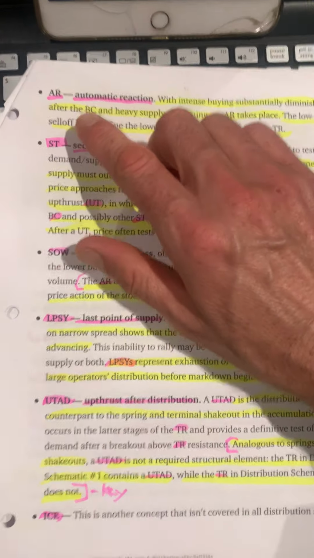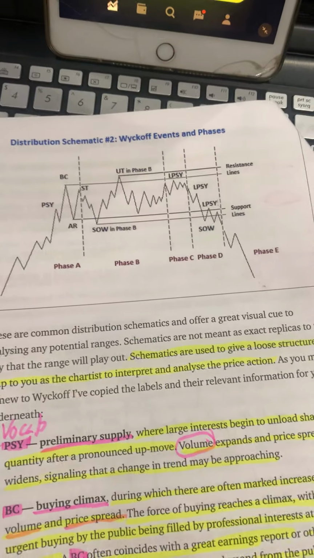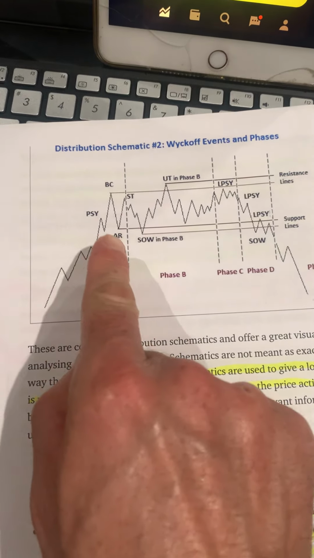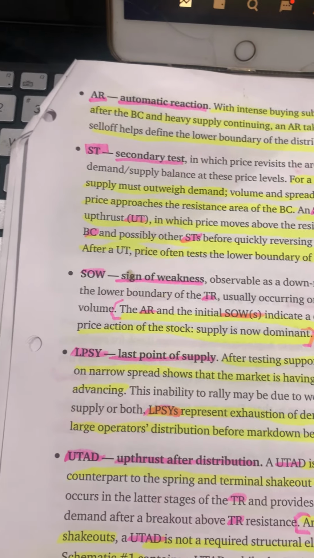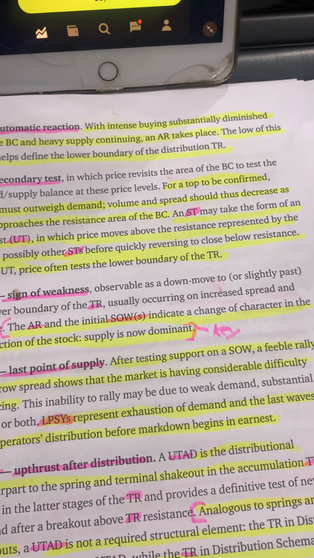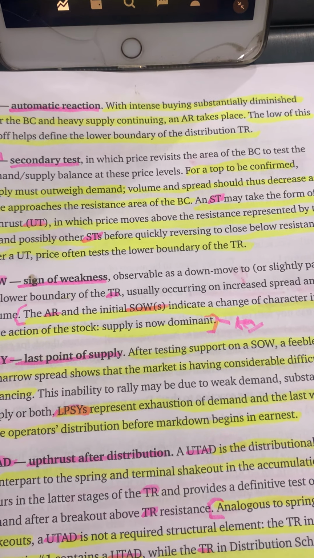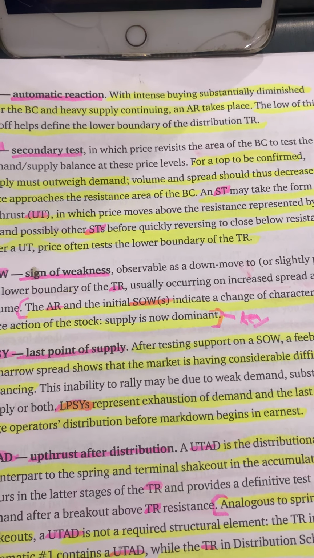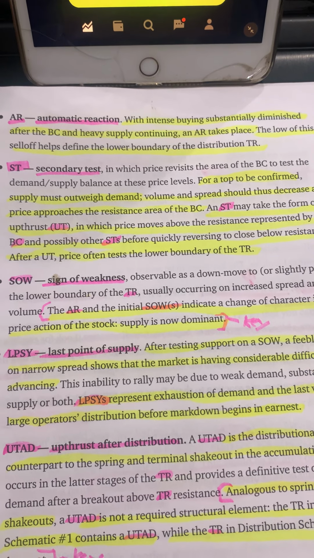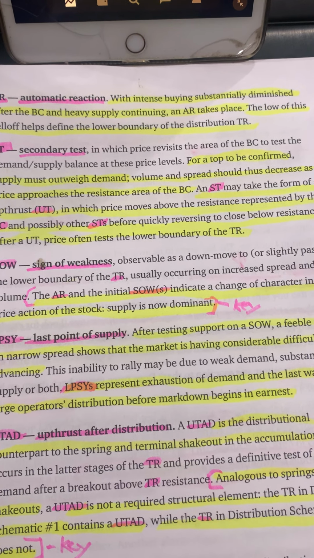I know, we're almost done. Automatic reaction, AR. And this all goes back to this picture. There's your AR right there. You gotta pay attention to this stuff if you don't want to lose your money. With intense buying substantially diminished after the BC, a heavy supply containing an AR takes place.